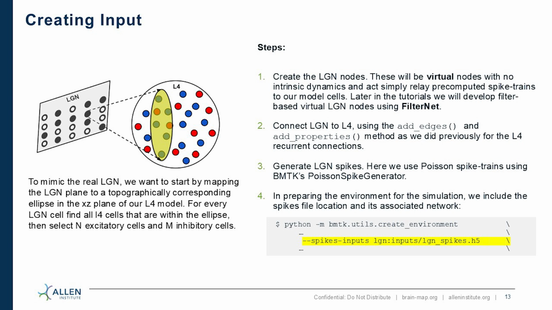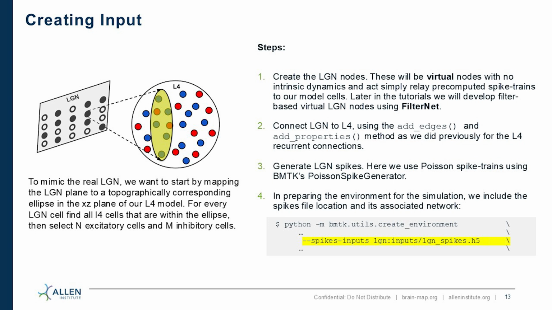And both these XY positions, as well as the XY positions in our V1 cell model, have a shared mapping of the visual space into the physical space of coordinates that we've assigned them.